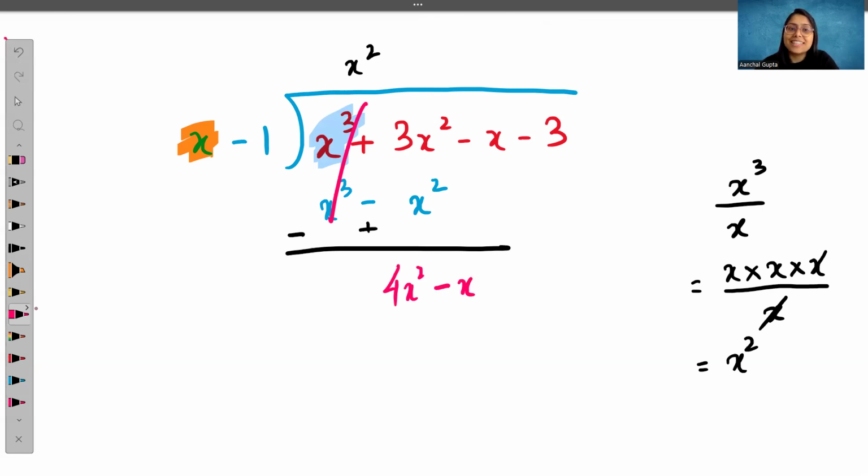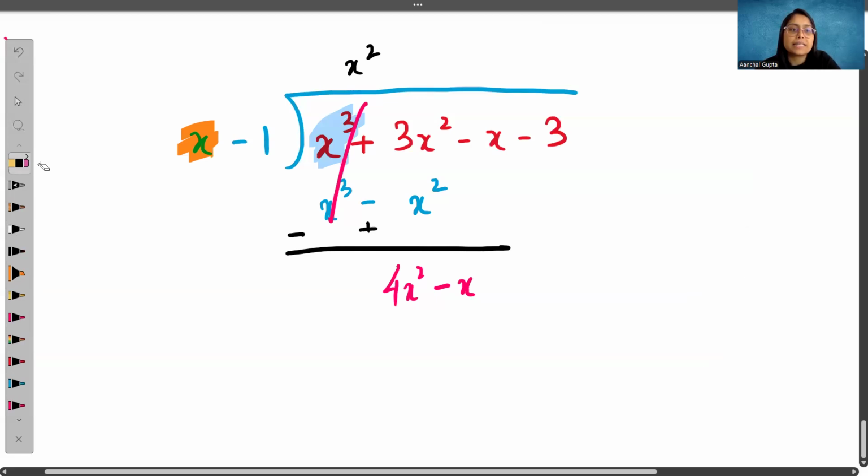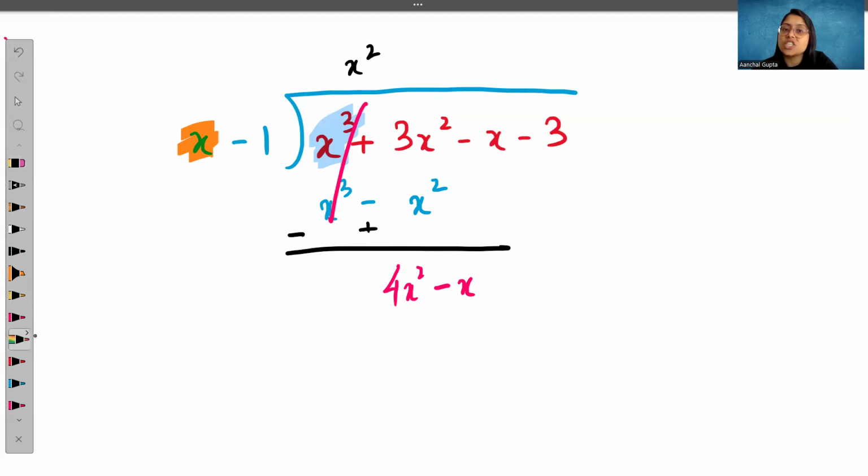What are the leading terms here, of the dividend as well as the divisor? That means 4x squared and x. So what will come in our quotient?